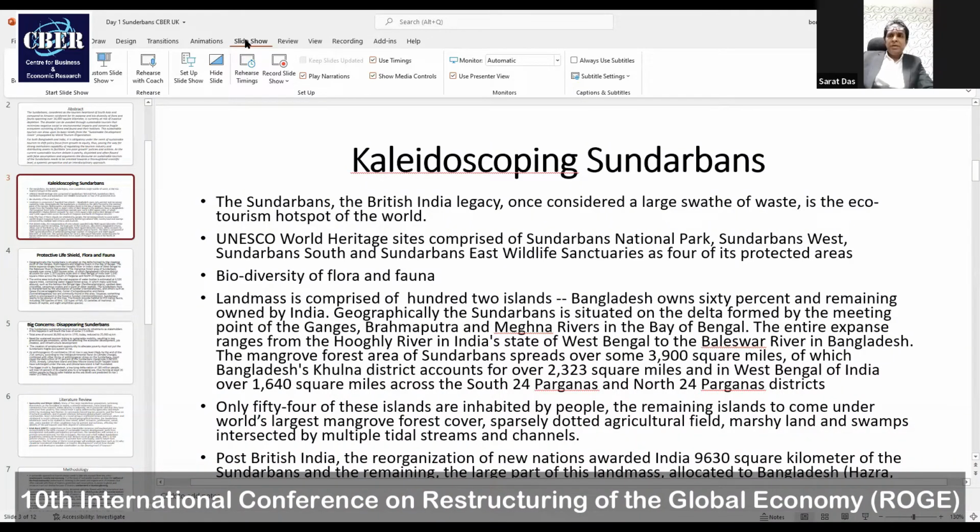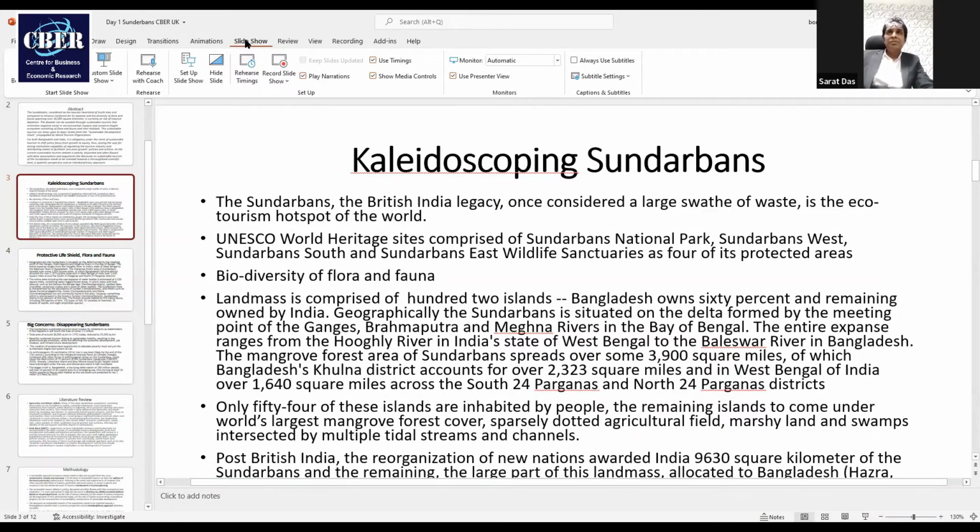And this mangrove forest is our defense mechanism, a bulwark against the cyclone. It also saves the entire forest from disappearing. It protects the fragile ecosystem of the island.